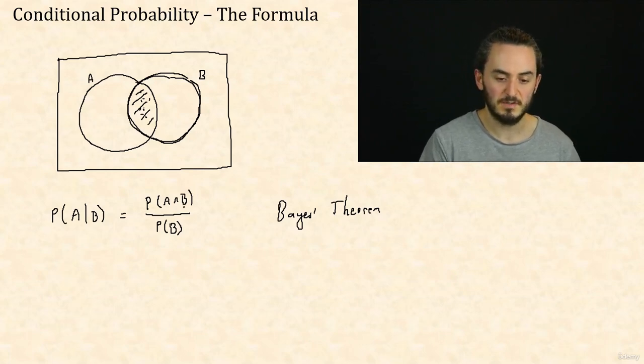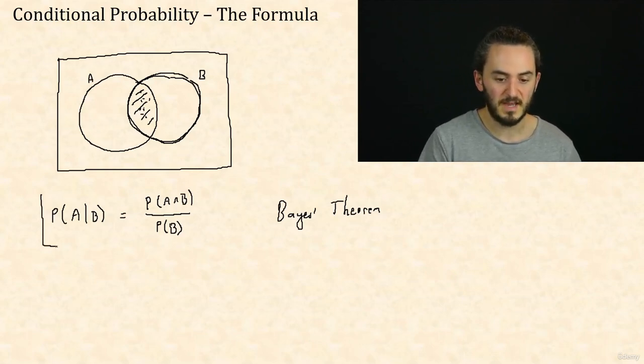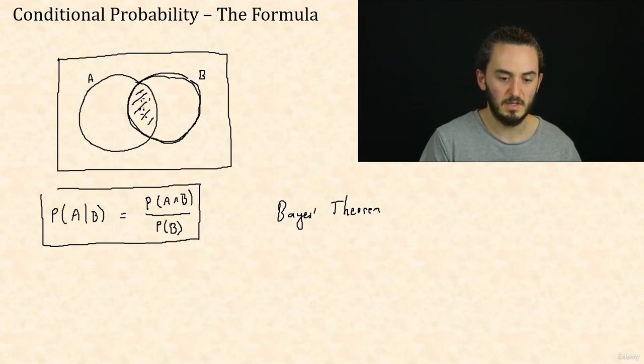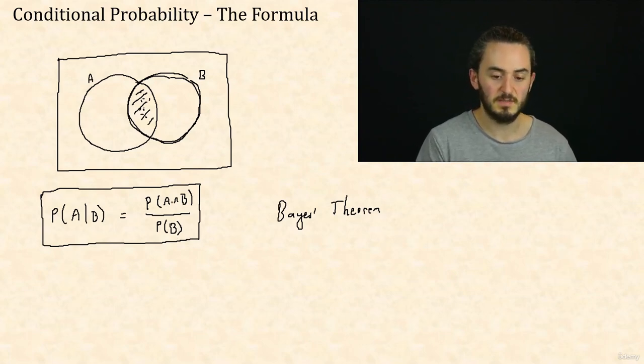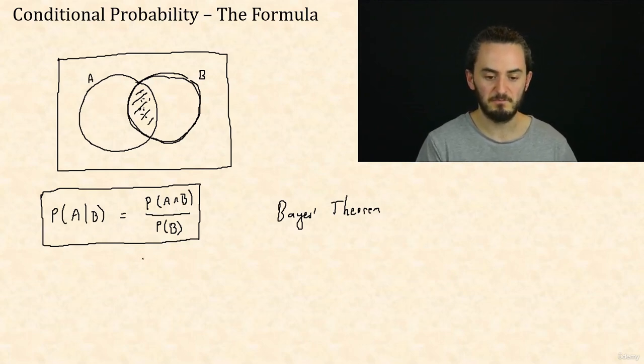But this is the smaller version that we're going to be using, and this will be good enough to get us loads of interesting results in the A-level. So commit that to memory. That is your conditional probability formula. It's useful in that form. You could obviously multiply both sides by probability of B if you wanted to make probability of A and B the subject, but this is your conditional probability formula.